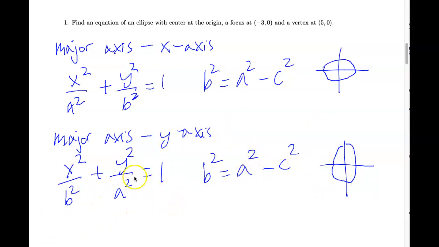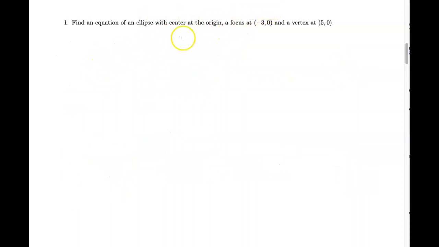And let's go ahead and look at this example to see how we can write the equation of the ellipse. So we have the equation of an ellipse with center at the origin, a focus at -3, 0, and a vertex at 5, 0. And so, just like the parabola, I find it helpful to just do a sketch.